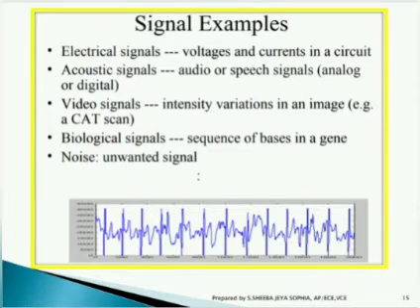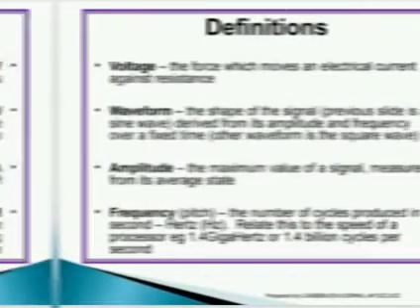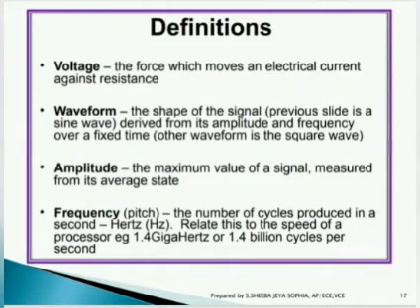Moving to the examples of signals: electrical signals, acoustic signals, video signals, biological signals, and noise is also a signal, which is unwanted and can be filtered by using filters. So here you can see the measuring diagram of how a signal is measured in the form of amplitude along with the time period. Moving to some of the definitions we basically need to know in signals and systems.